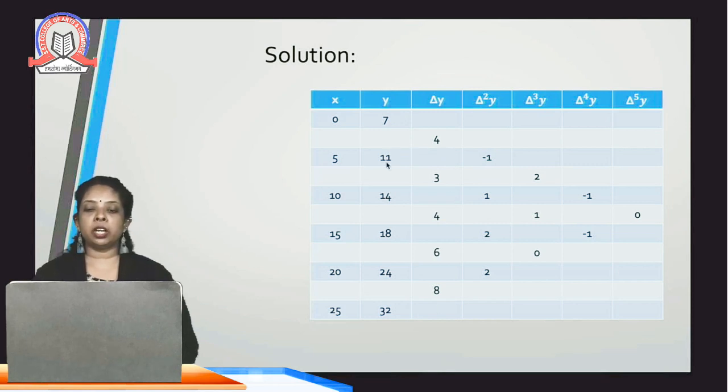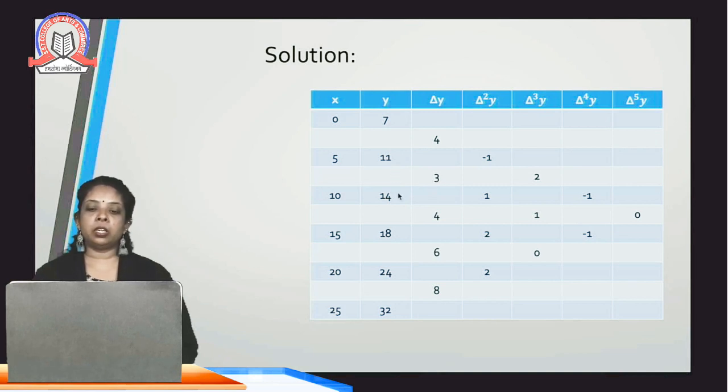Initially we are going to take this value 11 and subtract the previous value. So 11 minus 7 is equal to 4, and the next value is 14 minus 11, which is equal to 3.